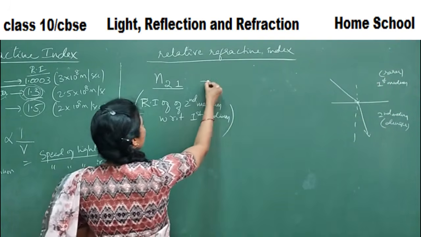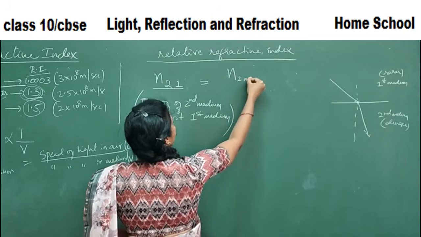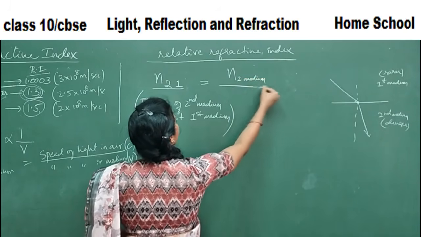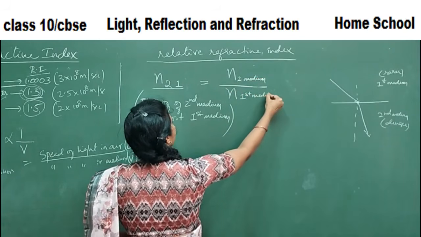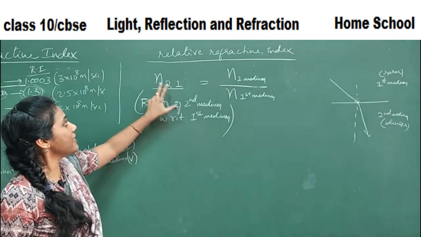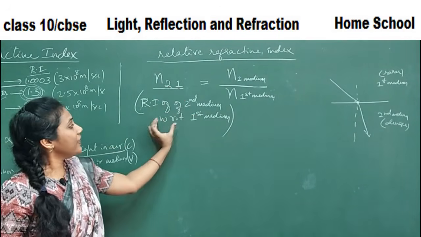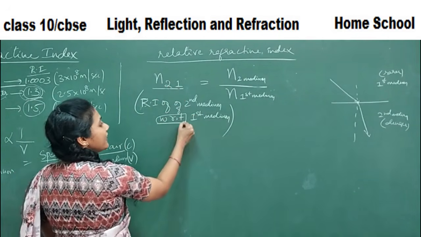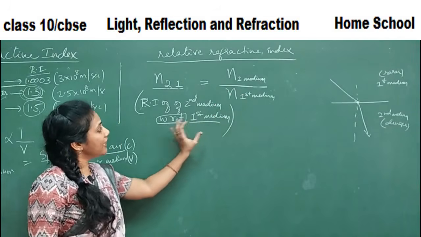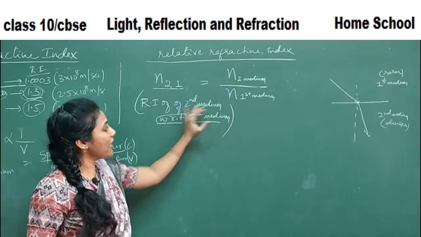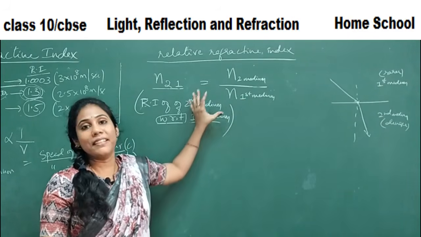You know what the formula for this is? The refractive index of the second medium divided by the refractive index of the first medium. What is the meaning of this? Refractive index of the second medium with respect to the first. Whichever medium comes after the words with respect to, you have to take it in the denominator. This is the best trick to remember this actually.